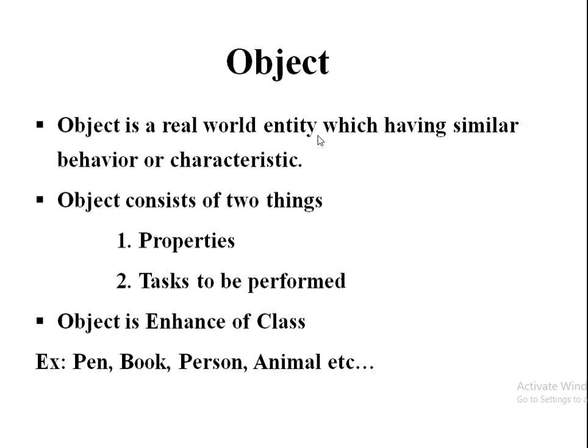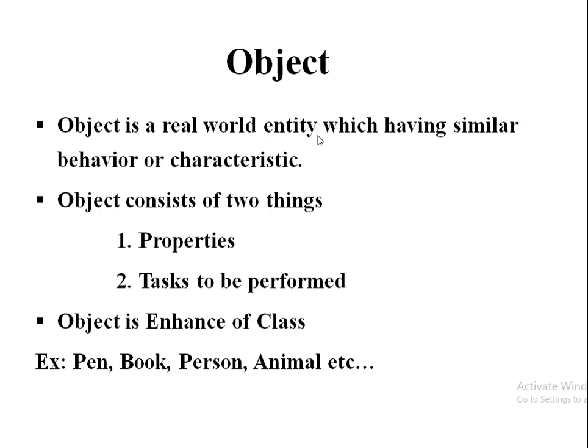The things which are identifiable are called objects. Object consists of two things, that is properties and tasks to be performed.